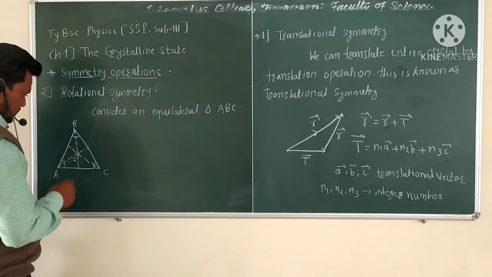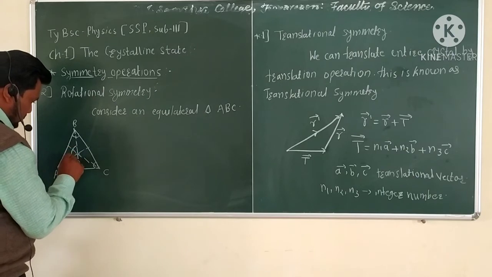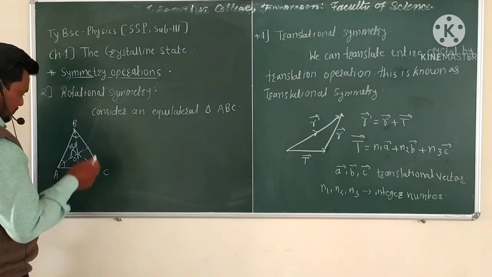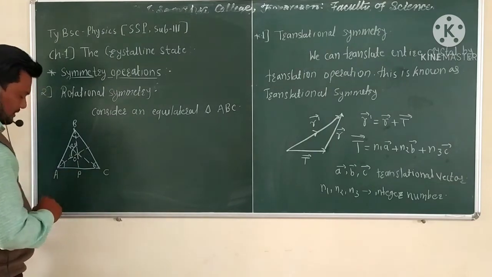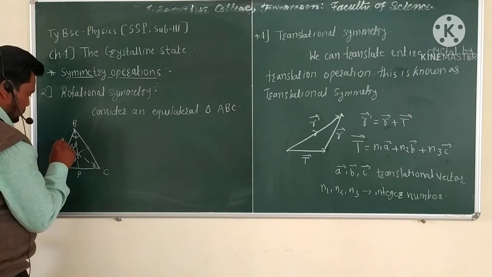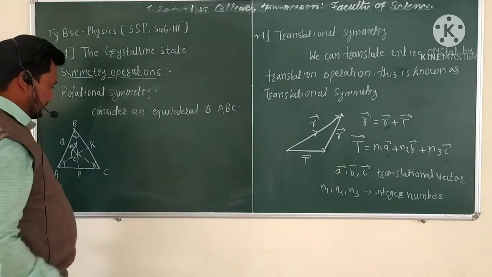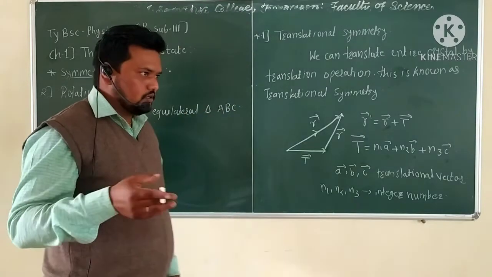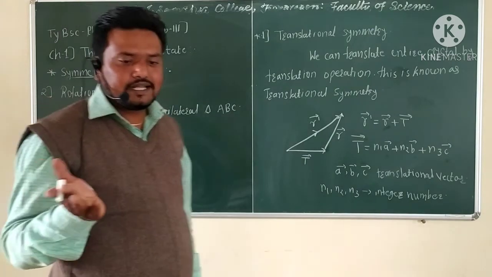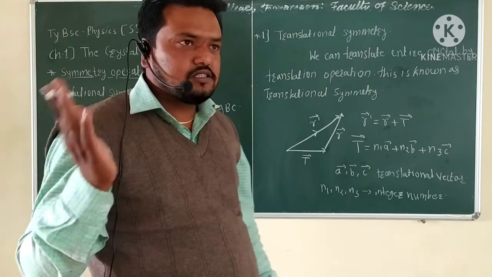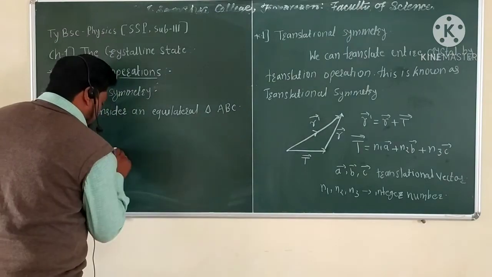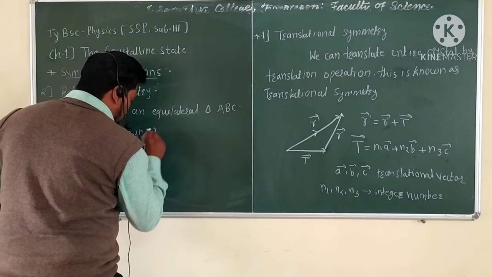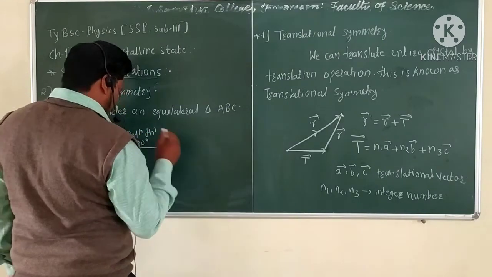That is the centroid point, and we consider a rotation of 120 degrees. Consider these points P, Q and R. If we rotate this symmetry through a 120 degree angle, what happens here?